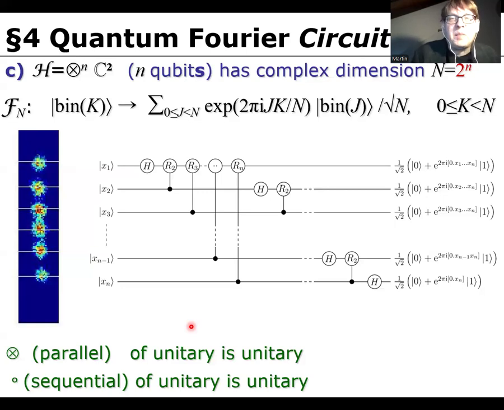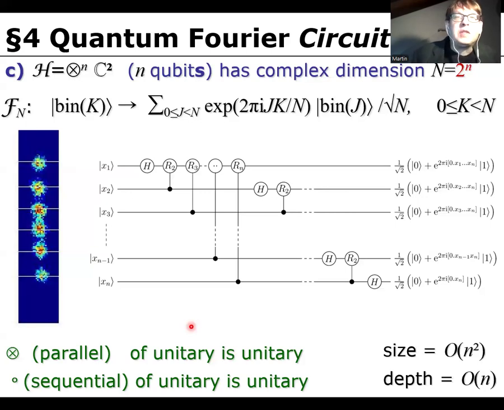quantum phase estimation. So let's quickly analyze that this circuit has quadratic size, quadratic in small n, and depth, which amounts to sequential time, parallel time is only linear in n.